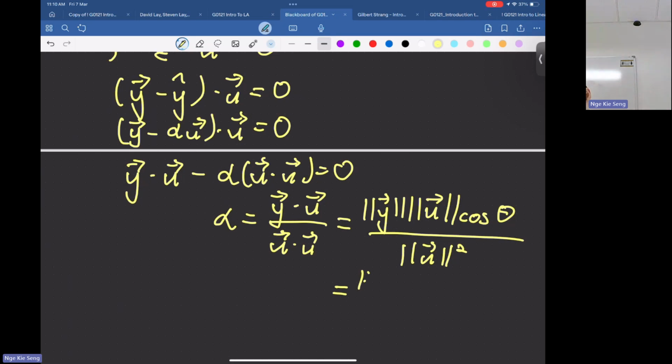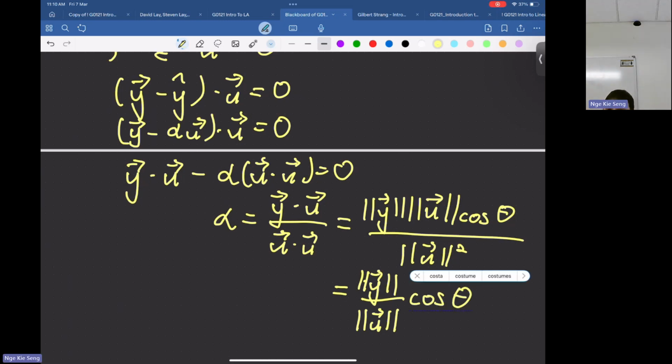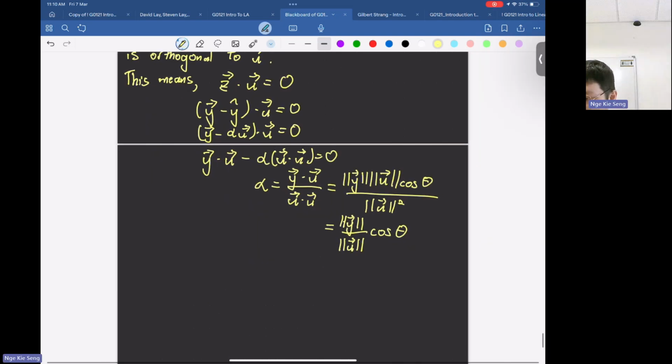You need to compute the length of your y first, then divide by the length of your u, times the cos of their angle. And this is what we define as y hat, the scaled u, the orthogonal projection.